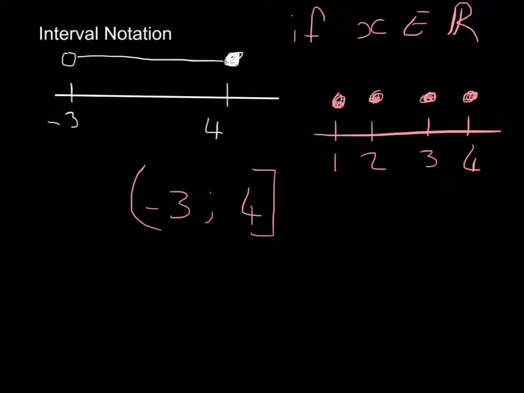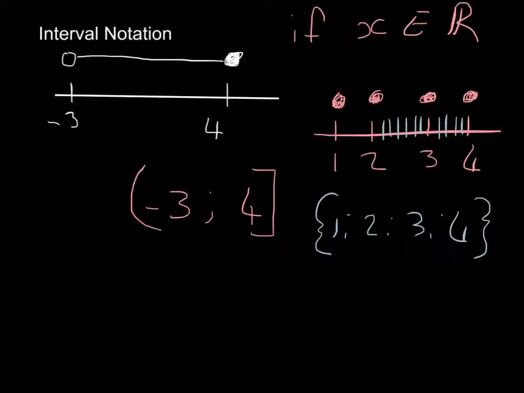So that says that we are only talking about the set of numbers 1, 2, 3, and 4. There are no other numbers in our set. We are not talking about all these numbers in between here. We are just talking about whole numbers.